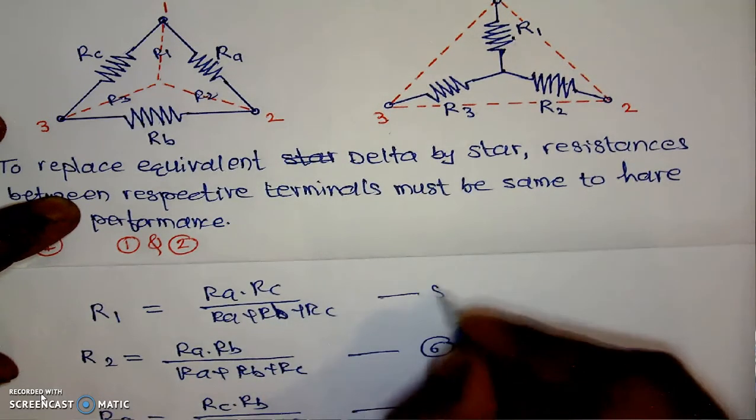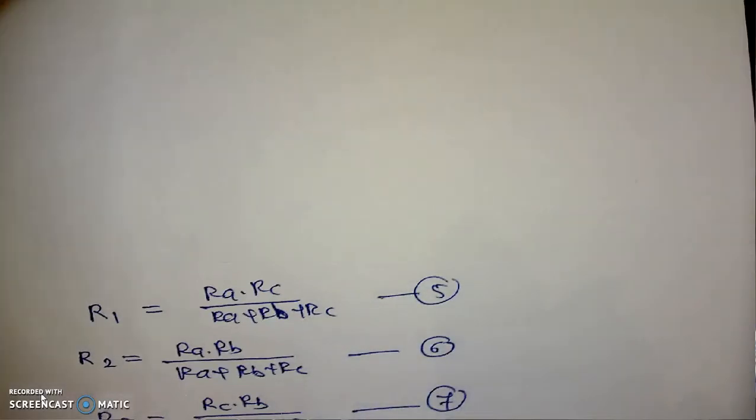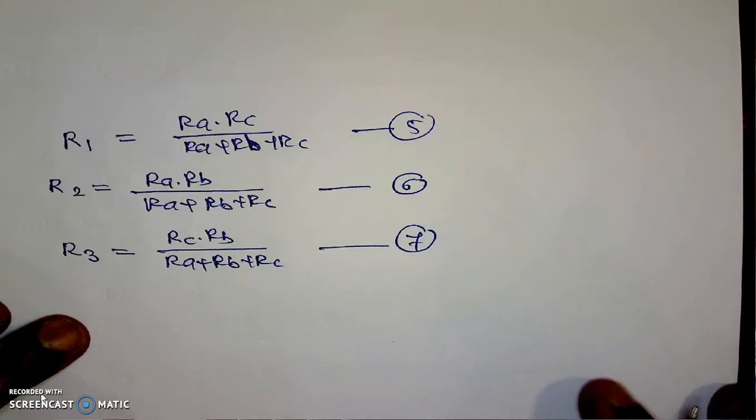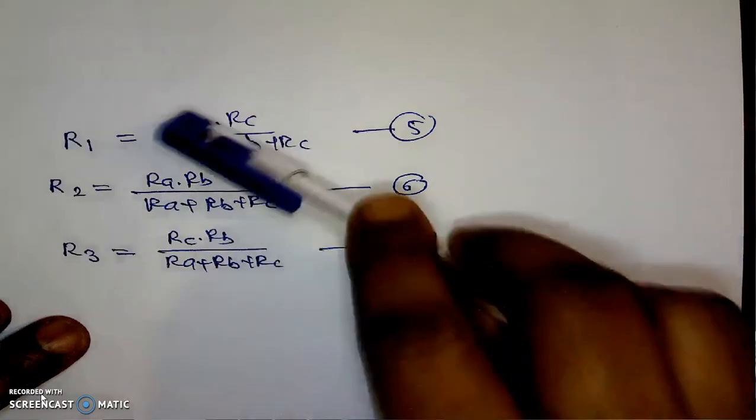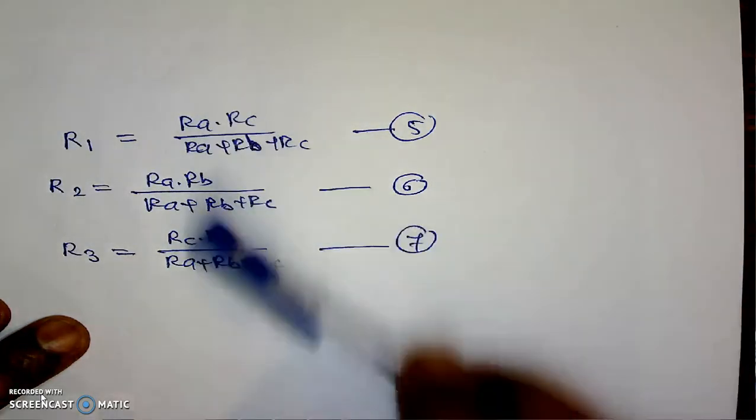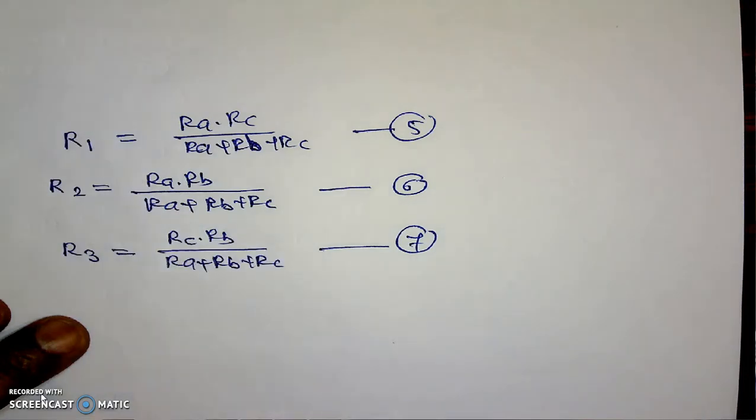This is equation number 5. We have equations number 5, 6, and 7, and these 3 equations will help us to convert the given delta into its equivalent star. In the next video, I will discuss the equations for the reverse case, that is star to delta conversion. Here the given thing is the delta parameters and we are converting these delta parameters into their equivalent star values.